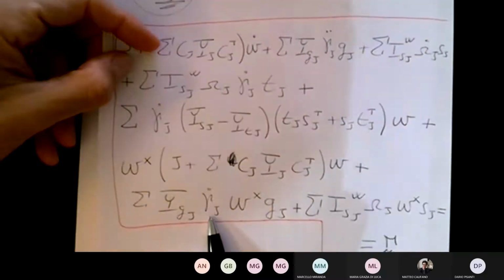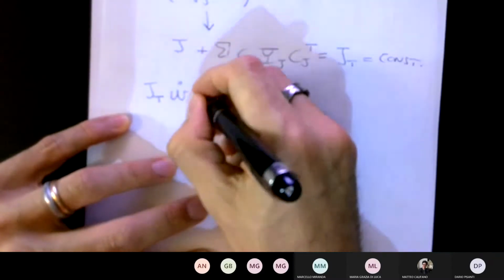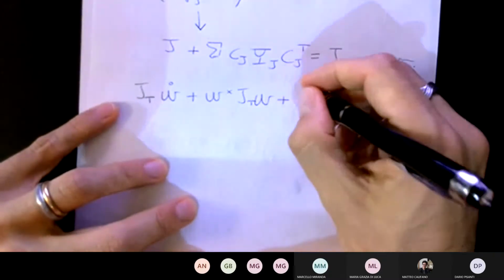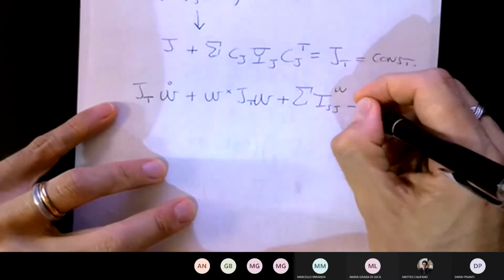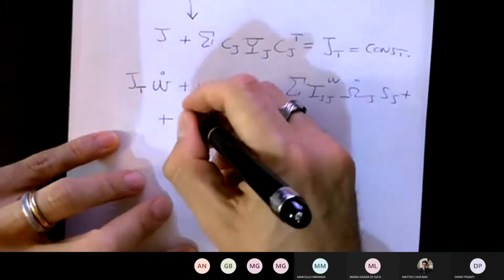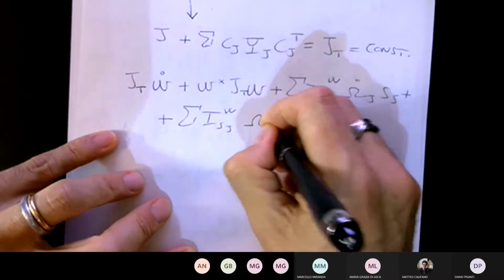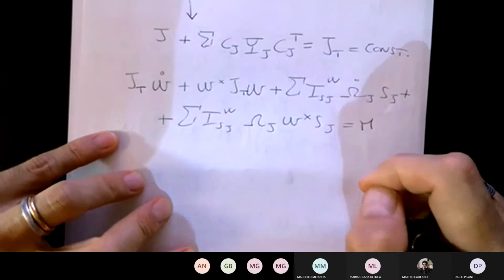So setting all the gamma dots and gamma double dots to 0, your equations of motion collapse into J total omega dot plus omega x J total omega plus summation of I S J W gamma J dot about the S axis plus summation I S J W omega J omega x S J equals external moments.